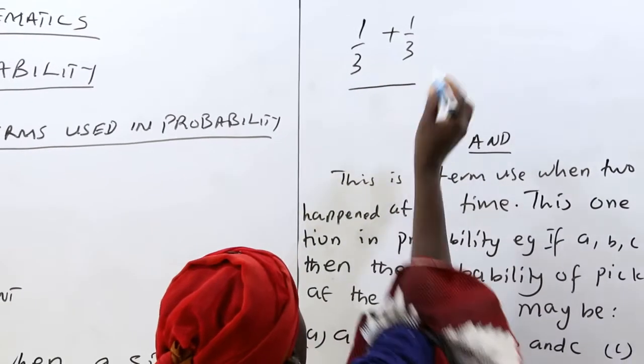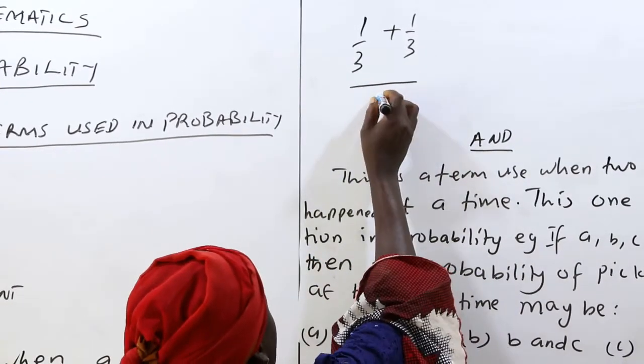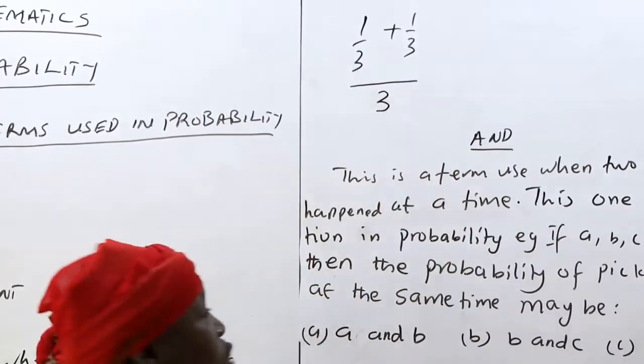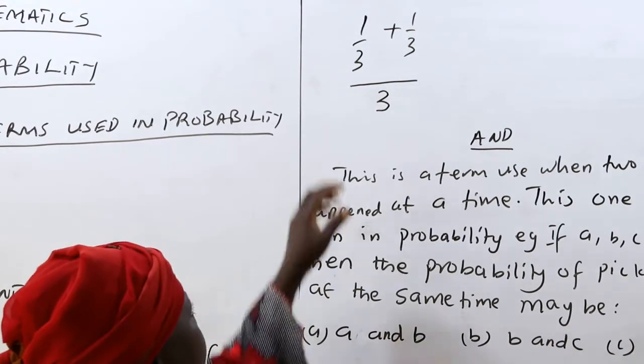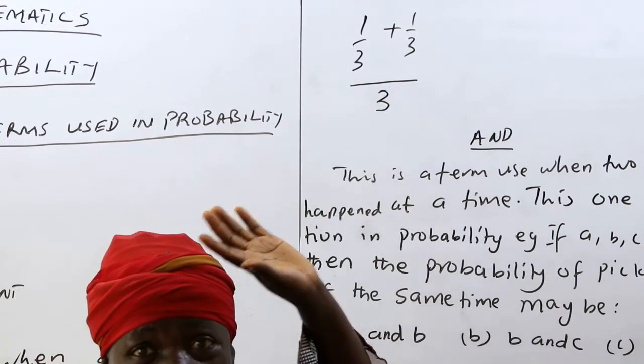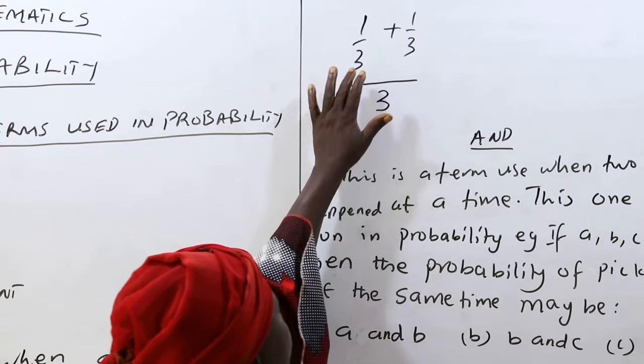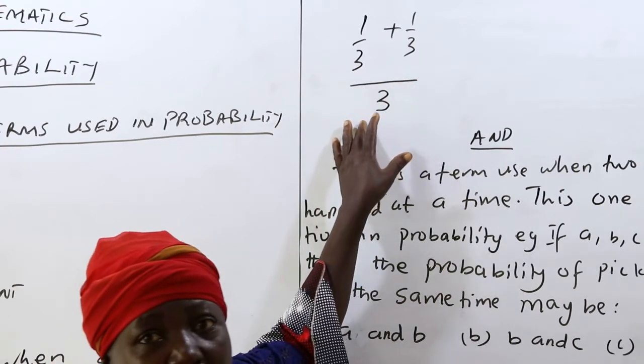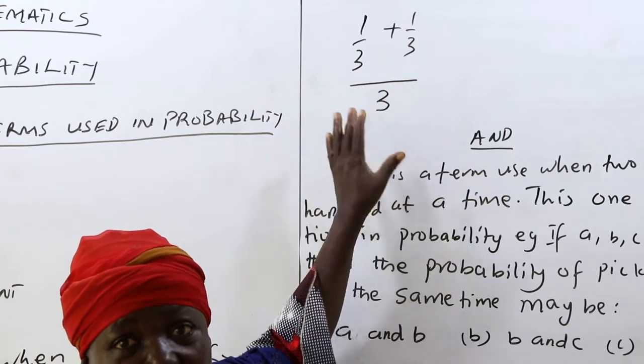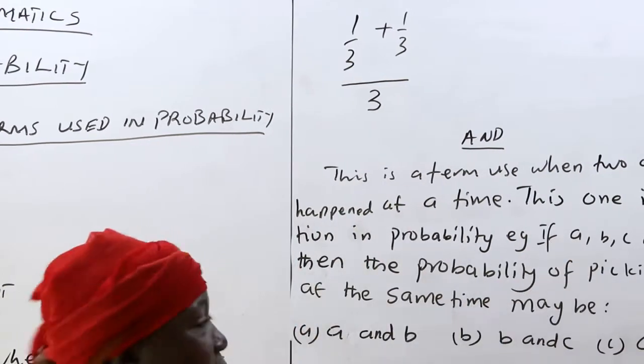Since both of them can divide each other, we still have 3 as our LCM. But you can equally look for the LCM by multiplying the denominators, which gives another LCM, 3 times 3, which is 9. You will still arrive at the same answer.